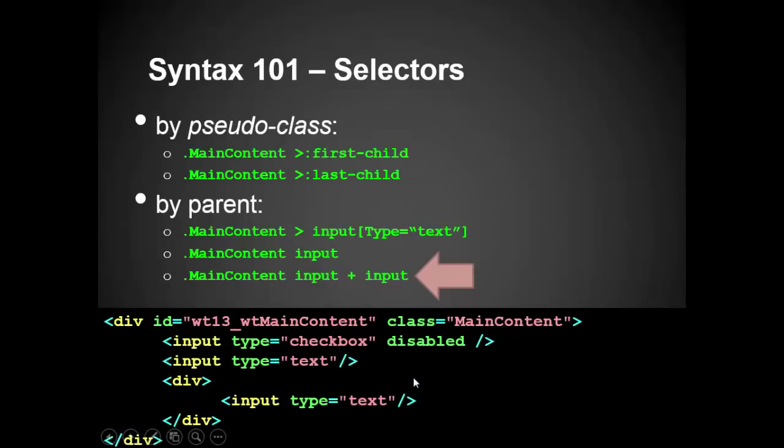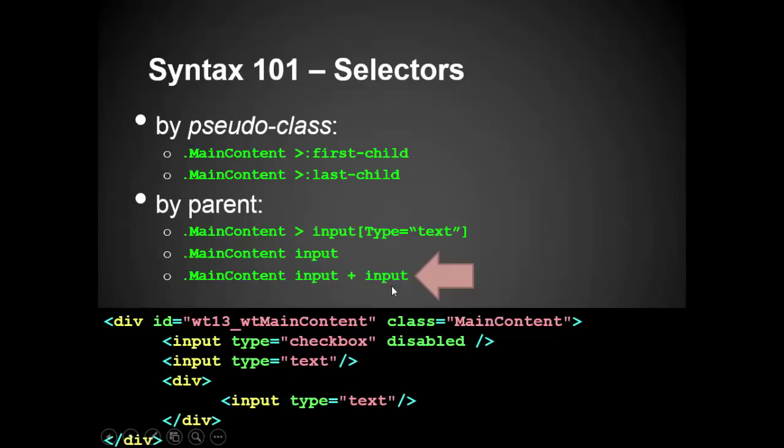How about this selector? What is it that we are going to select? We have here a new symbol, and this symbol can be read as is immediately preceded by. So first of all, it has a space, then it has a symbol, so we start by the end.